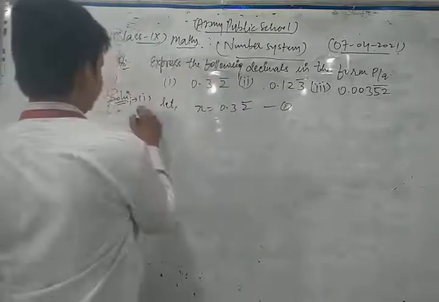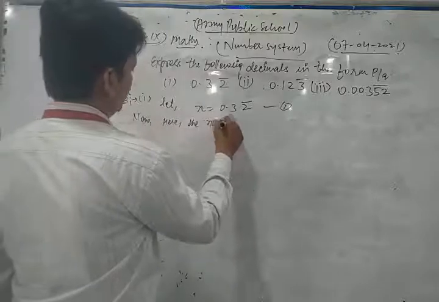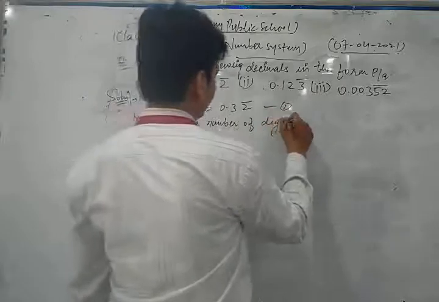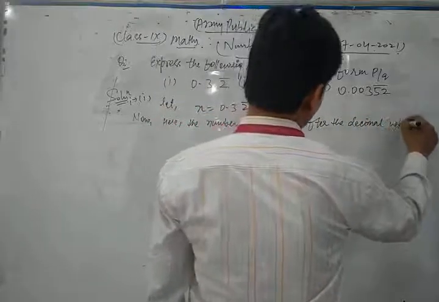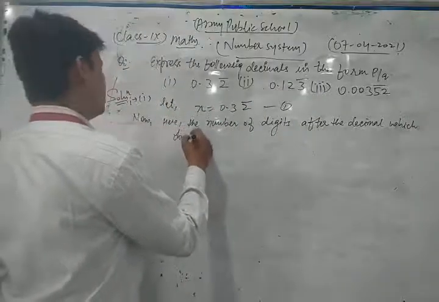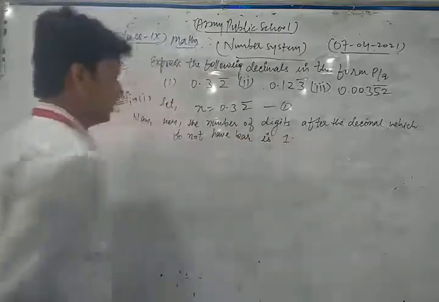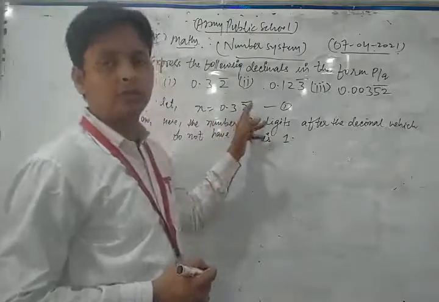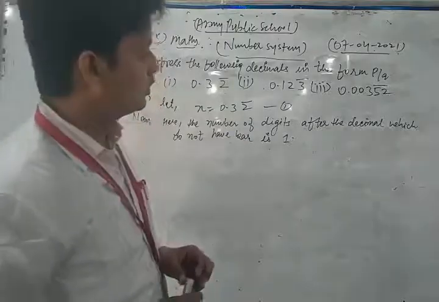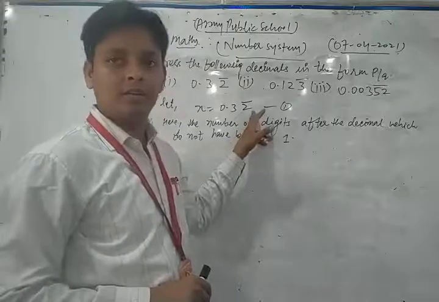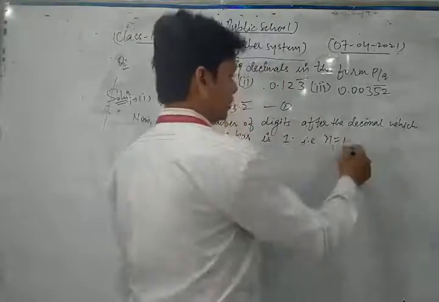Now, here the number of digits after the decimal which do not have the bar is 1, because here in 0.32 bar, the bar is only on the 2. So the value of n is 1.